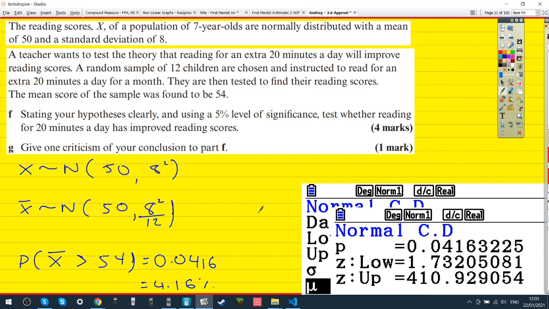And now we need to say we have to test whether reading for 20 minutes a day has improved reading scores. Do we have to say no because the number's below 5%? Yep.